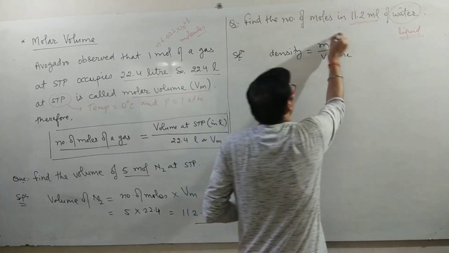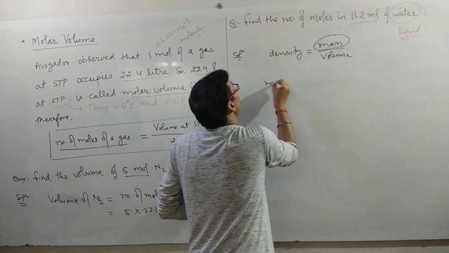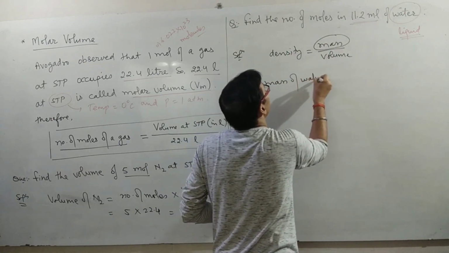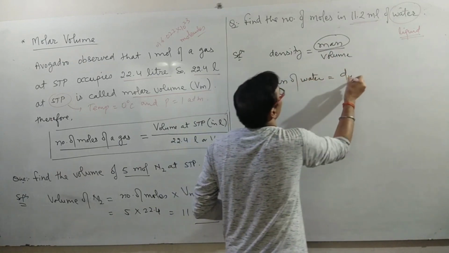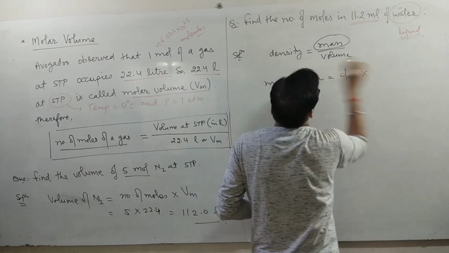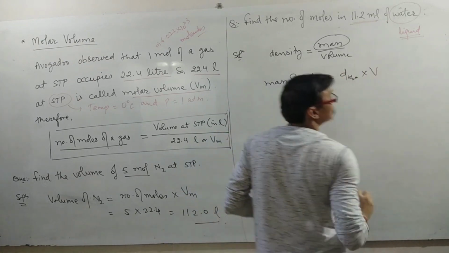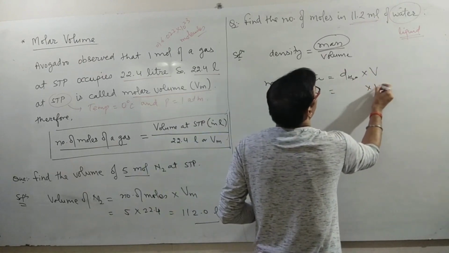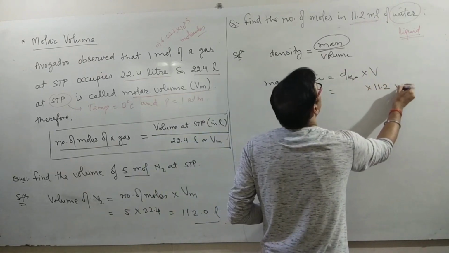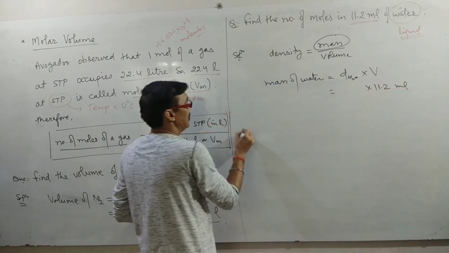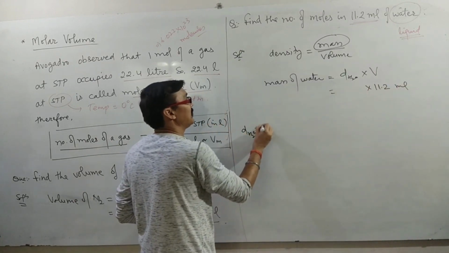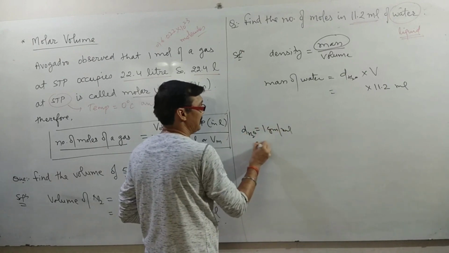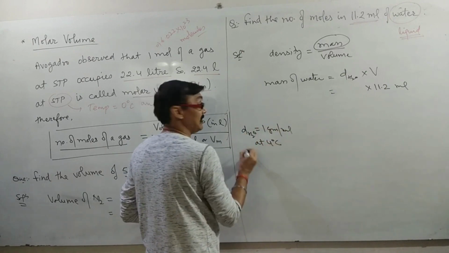That is why the mass of water is equal to density of water multiplied by volume. Volume is 11.2 ml and density of water is 1 gram per ml at 4 degrees centigrade.